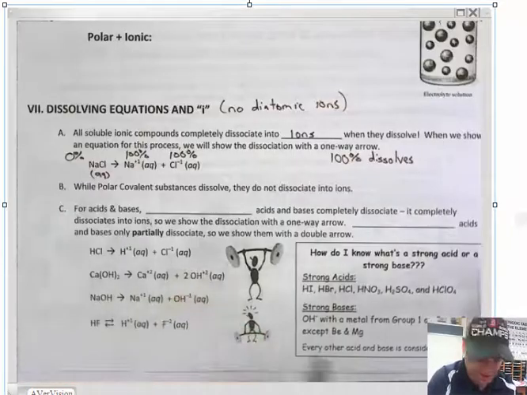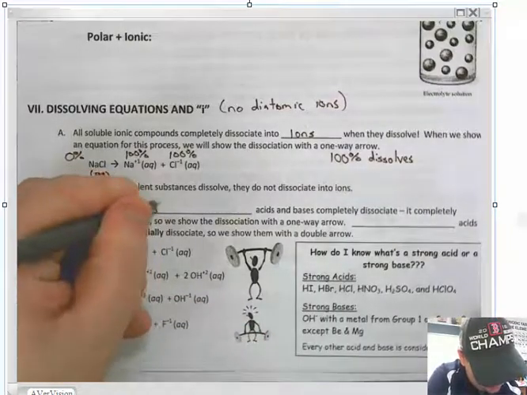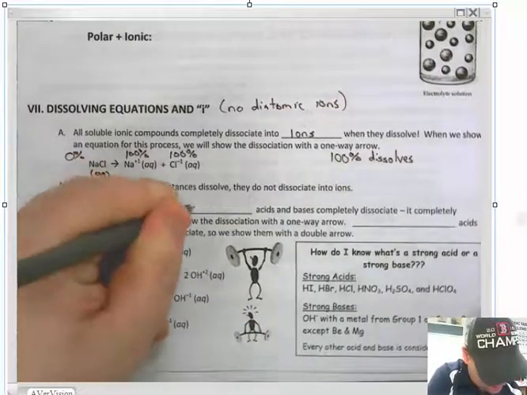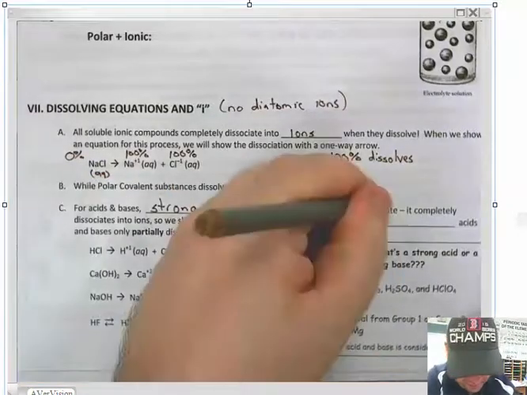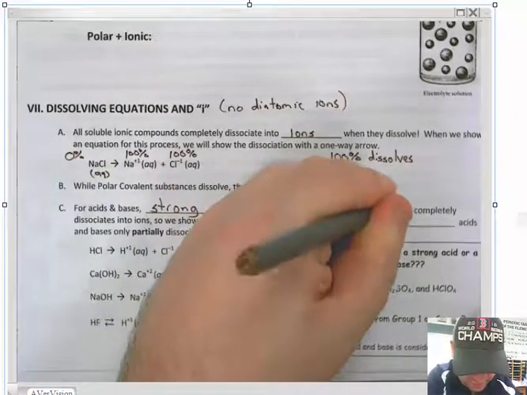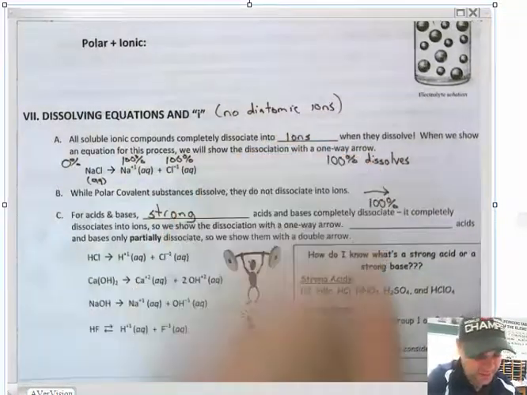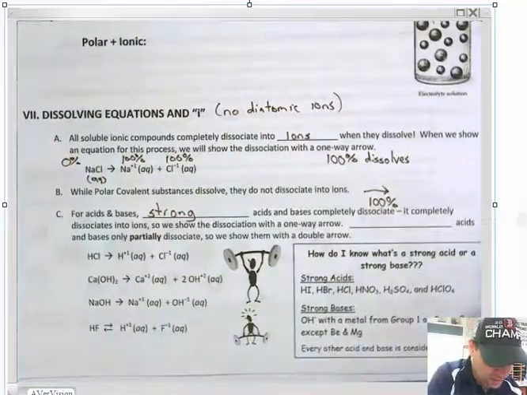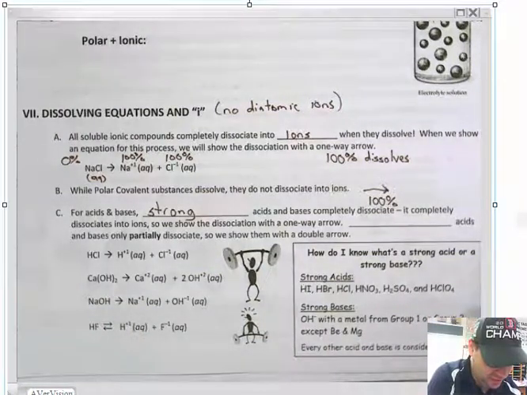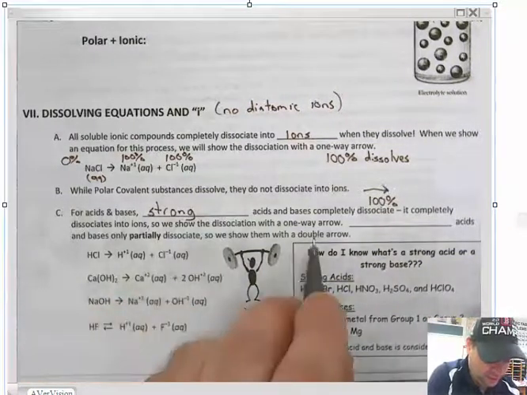For acids and bases, strong acids and bases completely dissociate, 100%. When it's 100%, that means there is just one arrow. It completely dissociates into ions, and we show this with a one-way arrow.